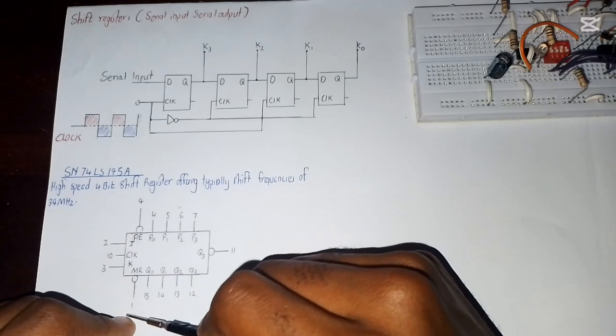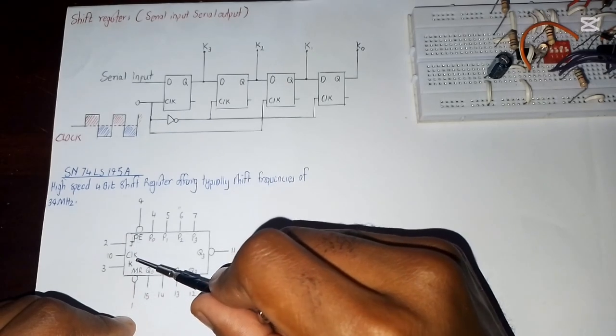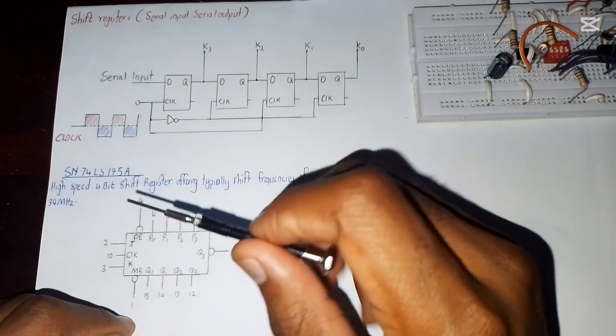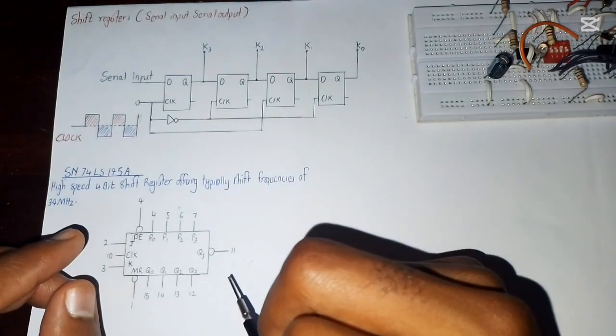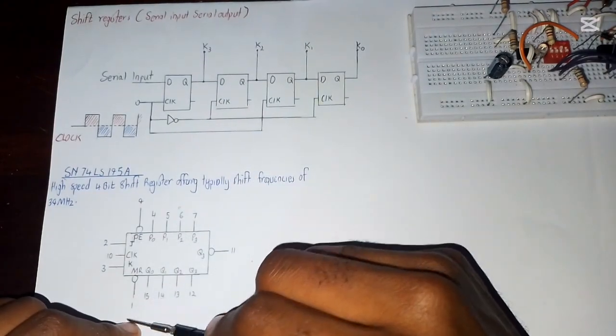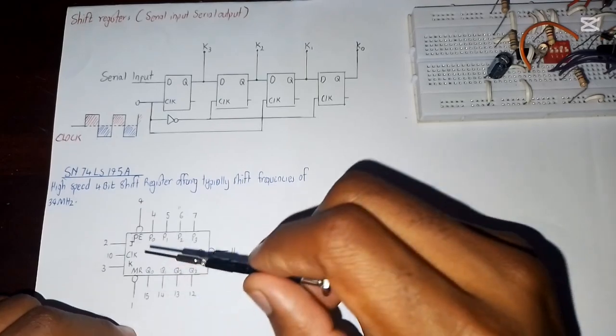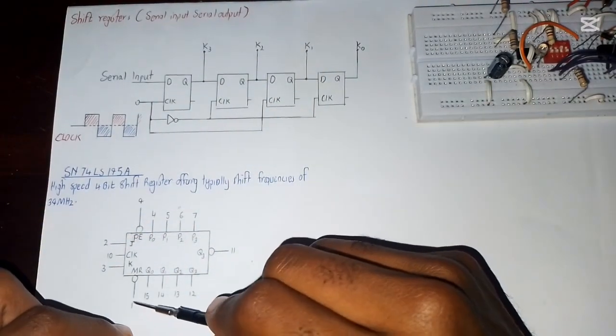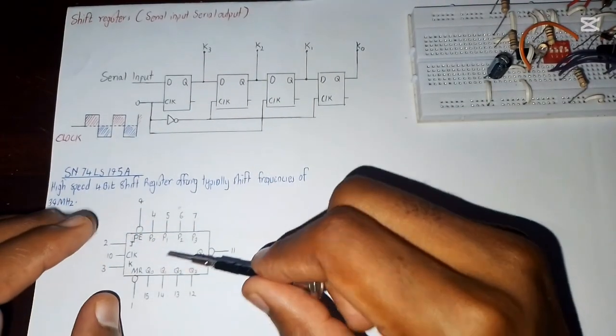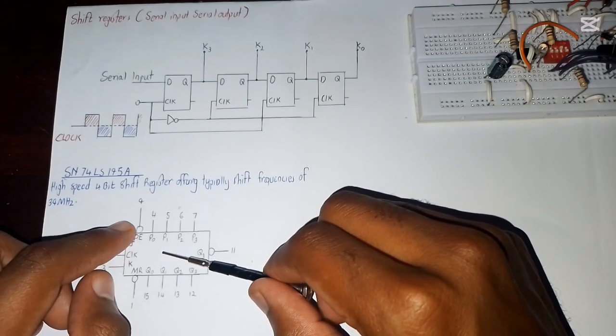When the clear is low, you can operate what you want inside. So we keep this high when we want to use the IC, and we keep it low if we want to disable the IC. Pin number 9, we have a parallel enable.